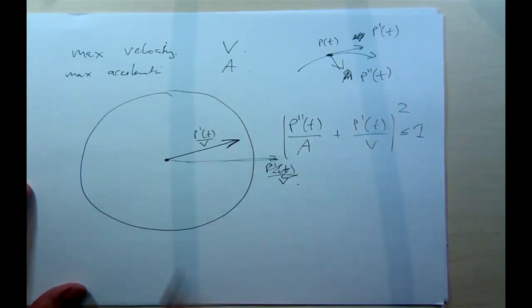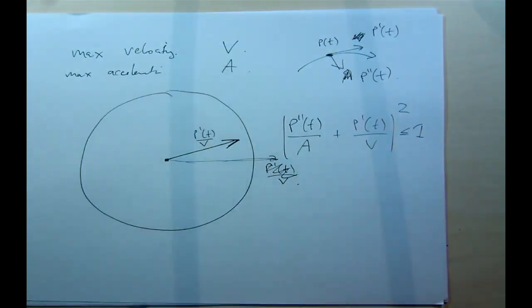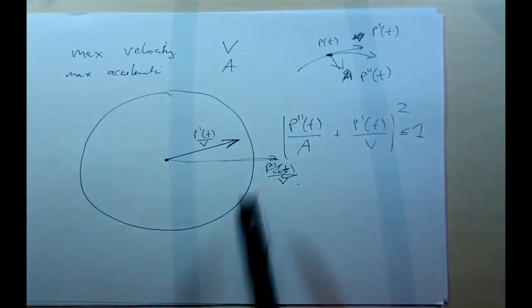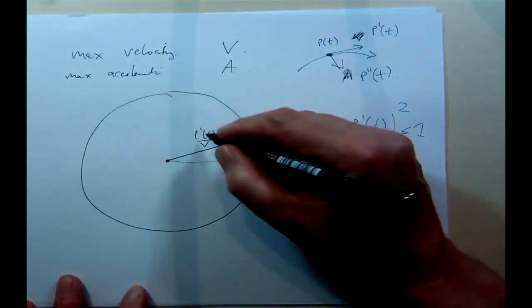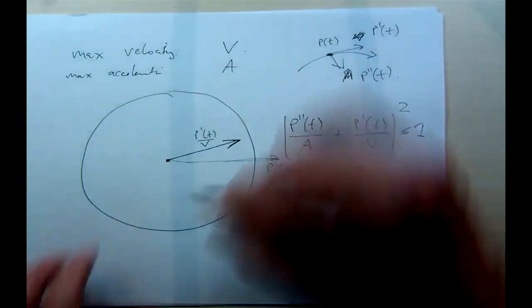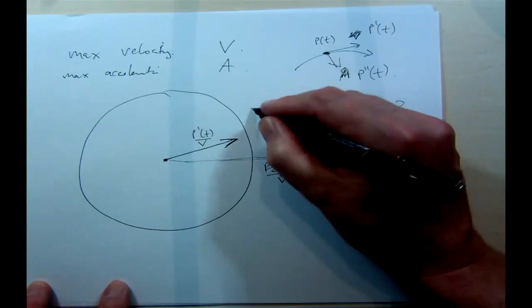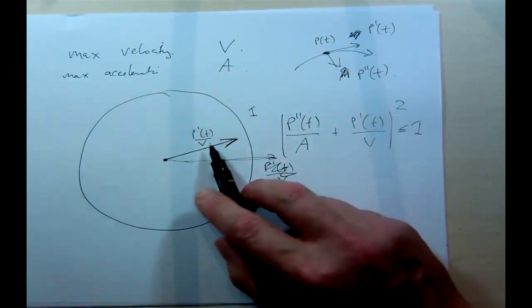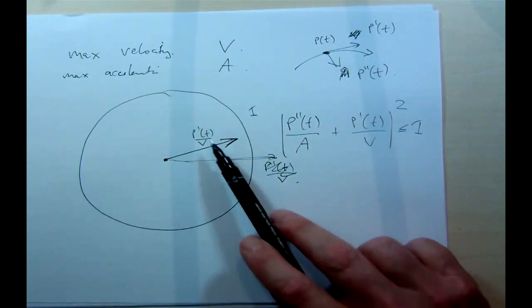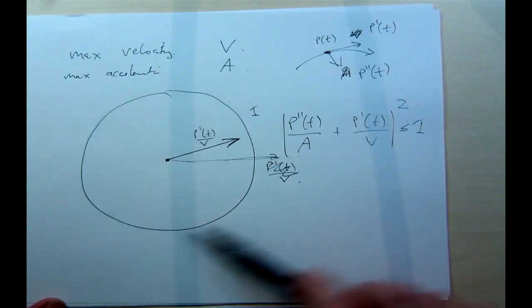And remember, v is the maximum velocity, so the robot could be traveling in any direction, but its maximum velocity is v, so this velocity divided by maximum velocity has to be a vector of size at most 1. So the length of this vector can't be bigger than 1 because v is the maximum velocity, but it can be anything smaller than 1.